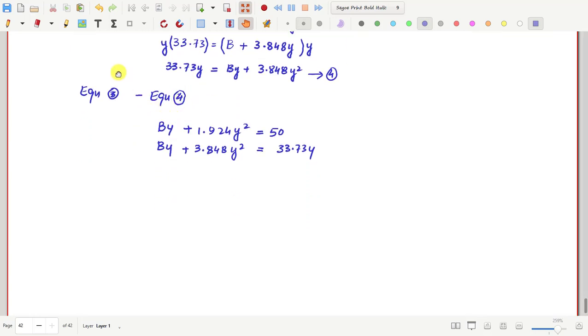Now just subtract them. Whenever we do the subtraction, the signs actually change, right? This is plus here, it will change into minus, and this plus is going to be minus, right?